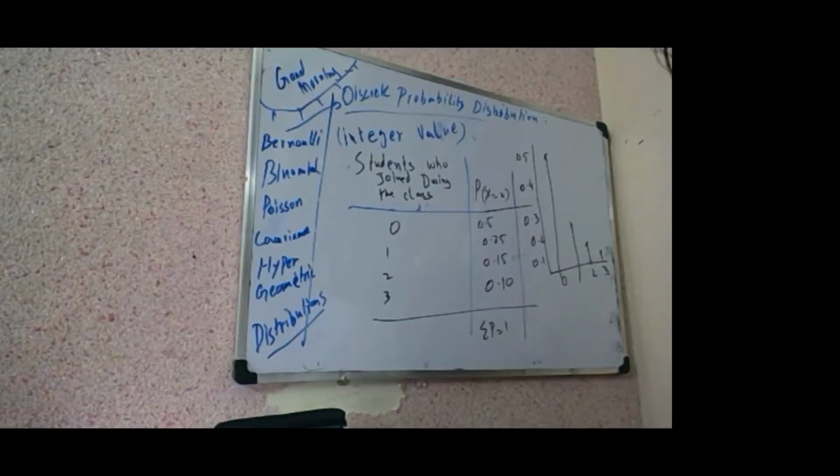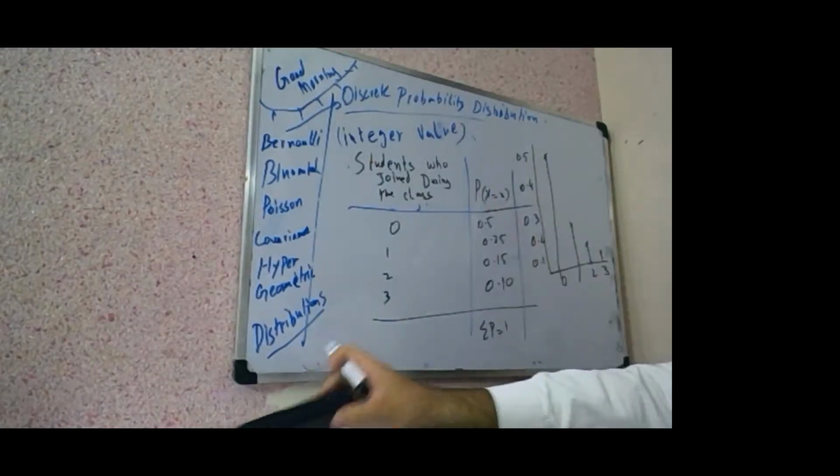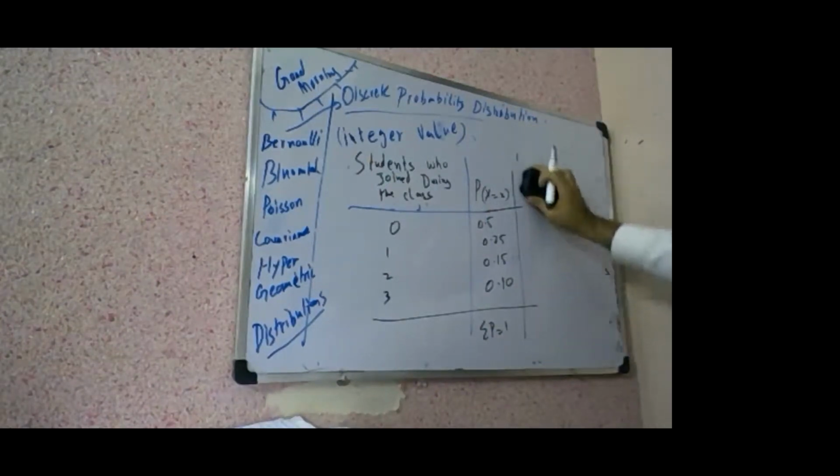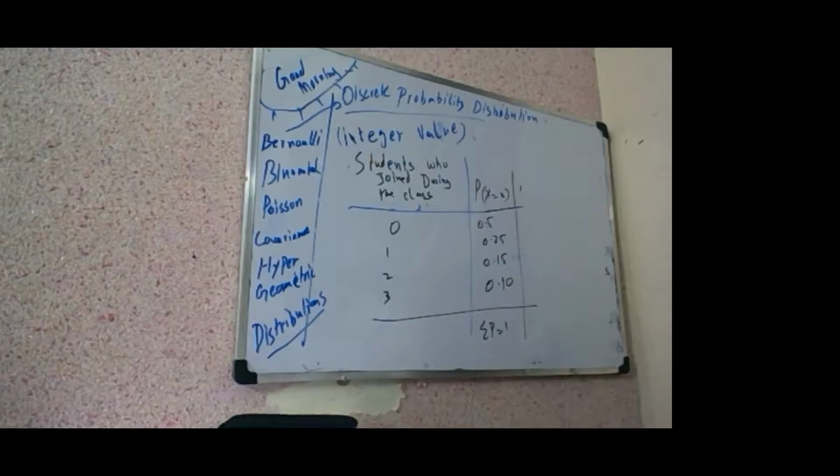So what will be the expected value of the discrete distribution? We already learned in detail in the last lesson that expected value is like a mean. It is a mean, right? How to calculate the mean, you already know. Mean here is mu, which is given as the expected value of x, which is the sum of xi times p of x equal to xi.